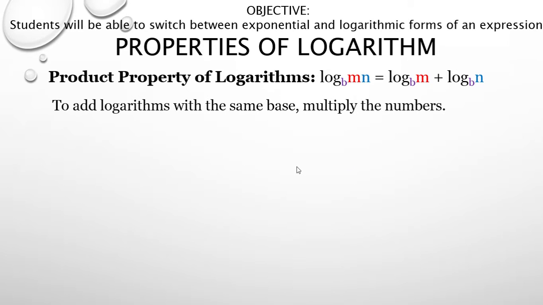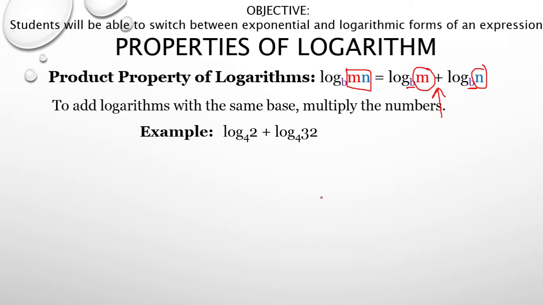To add logarithms with the same base, we multiply the numbers. So if you notice, we have the same base, which is b, right here, just working backwards. If they have the same base and we're adding the logarithms, all we're really doing is multiplying the m and the n. Just like two letters next to each other imply they are multiplying.